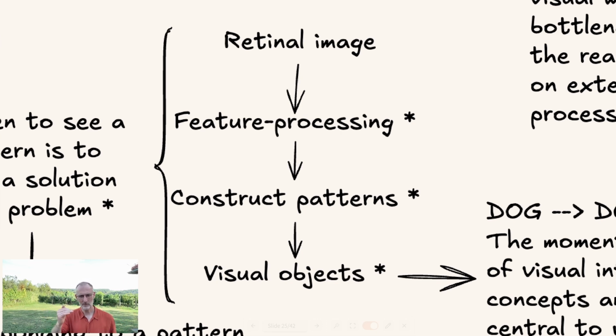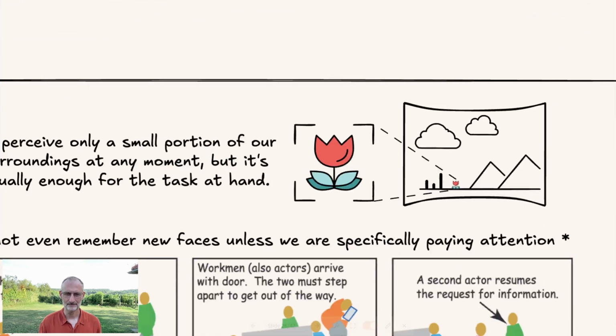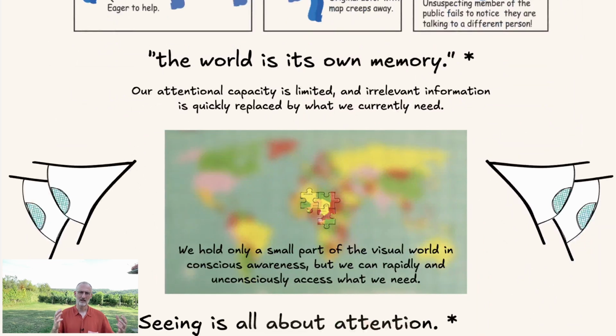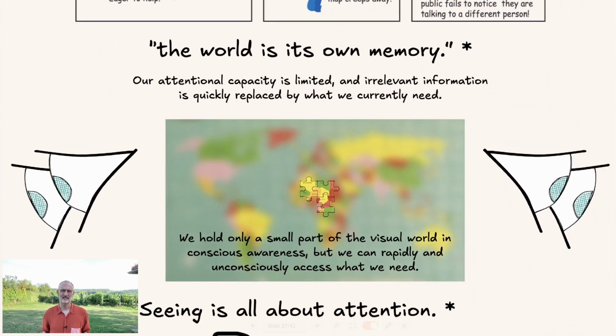In this process, some of the steps are built in. I wouldn't say hard-coded, because feature processing is something you learn as an infant, but there are elements of this process that you cannot actually control. And moving on from here, this takes us to the concept that the world is its own memory.